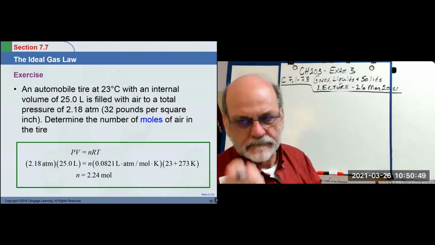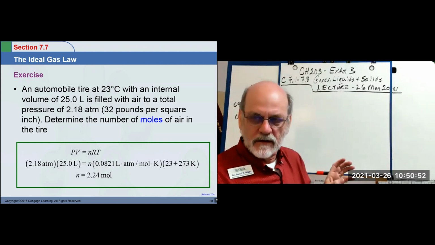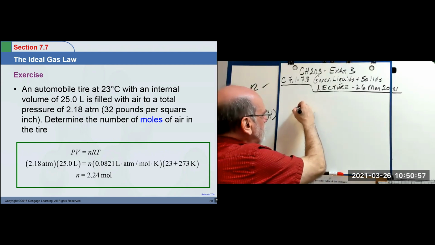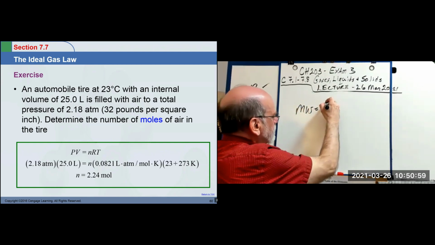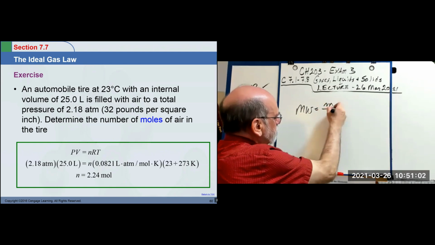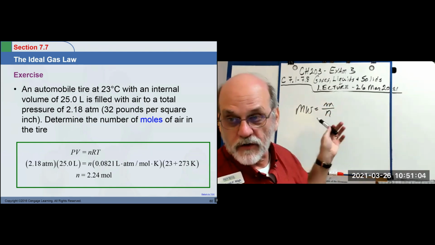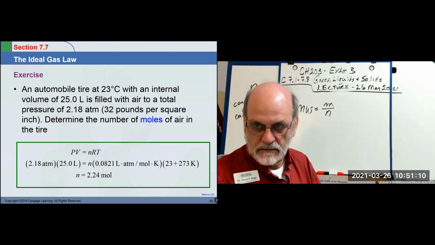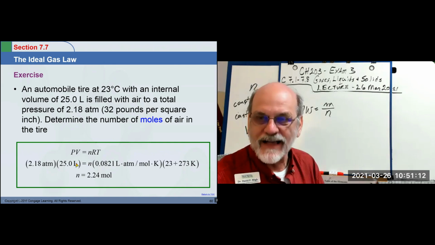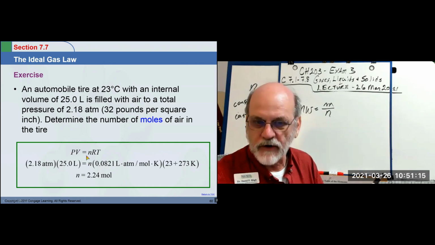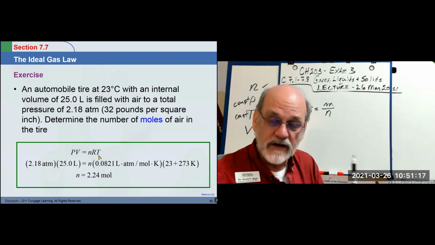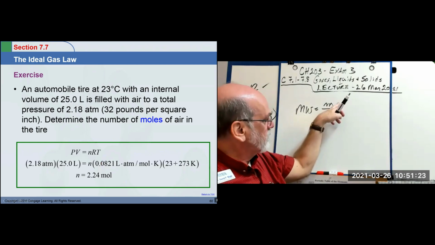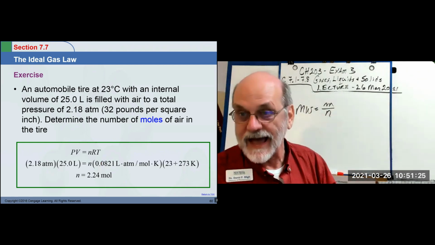So in order to determine the molar mass, you have a mass and you need to know the number of moles. If you know the mass of the gas and you determine these other values for that confined gas, pressure, volume, and temperature, then you can calculate the number of moles of gas in that container. Plug it in that formula with this mass, and you can determine the molar mass of the gas.